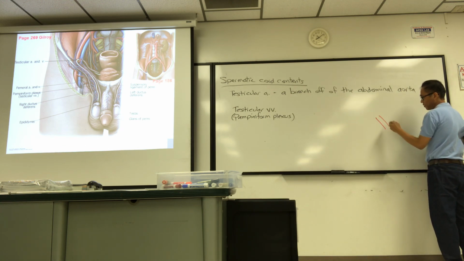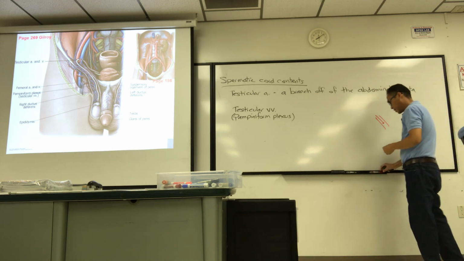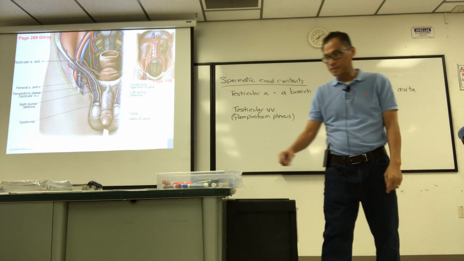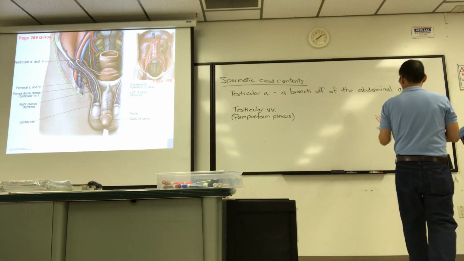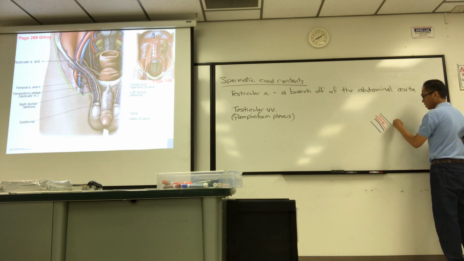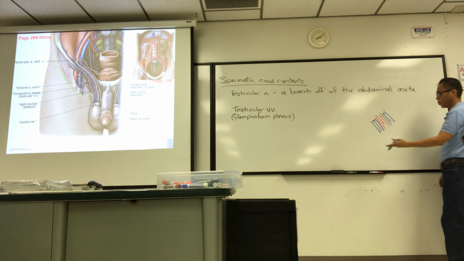Blood is flowing down the artery to the testes, and it's a little bit too warm. Testicular veins surround the arteries, and blood is flowing back, a little cooler.